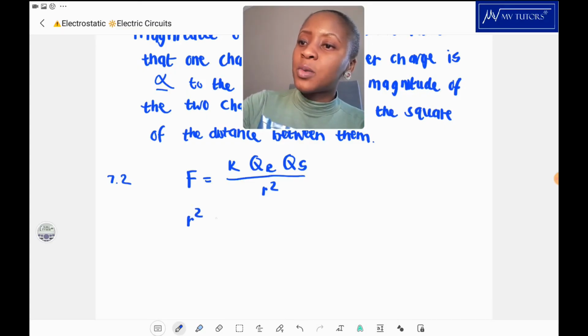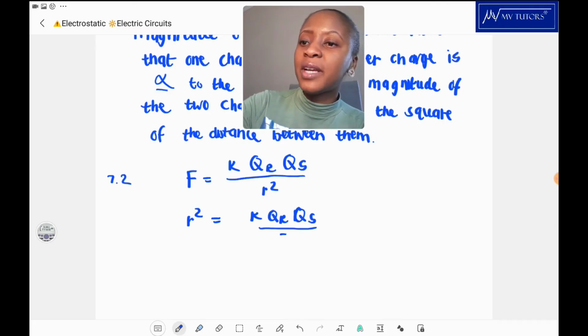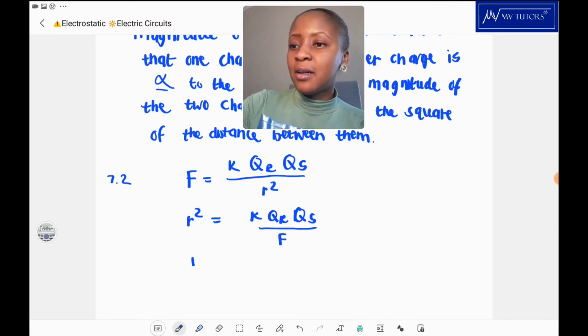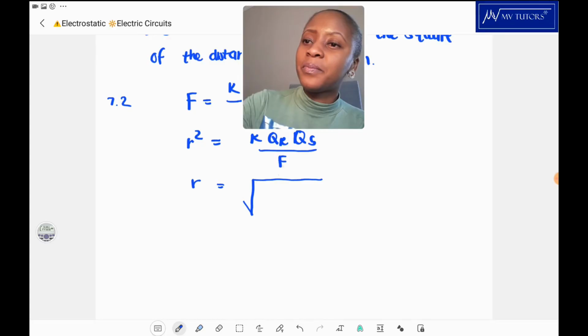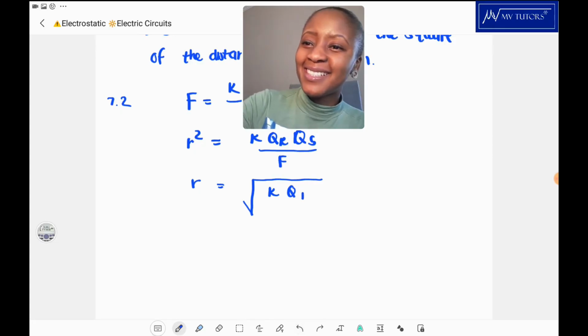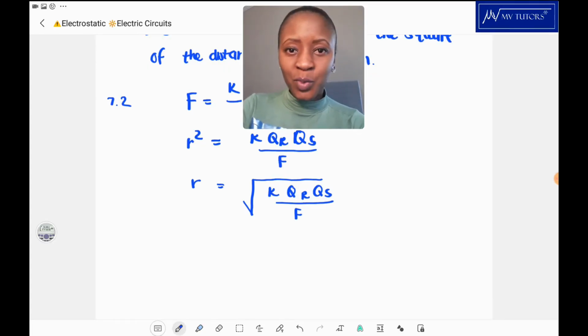So R squared is equal to K QR QS all over F. And finally R, when we get it, will be the root of K QR QS all over F. And now we can substitute what we know.